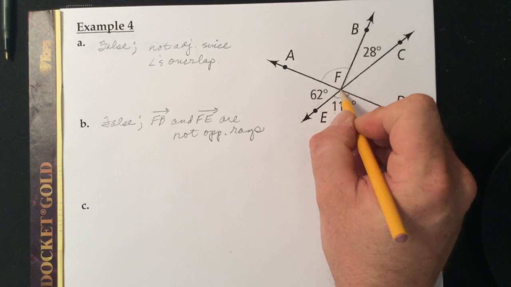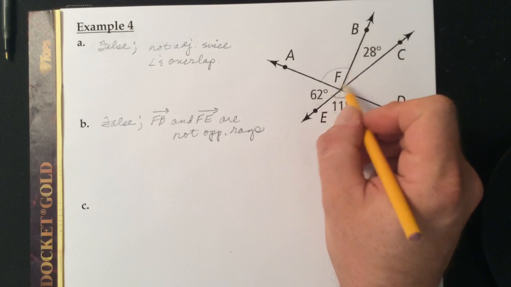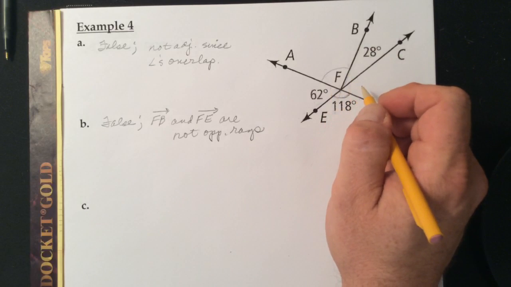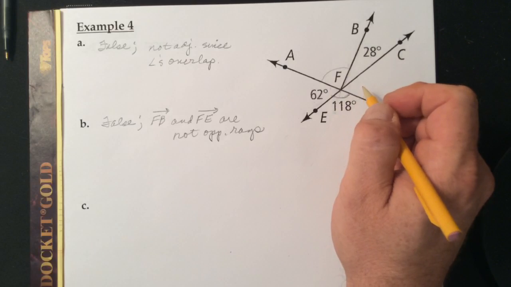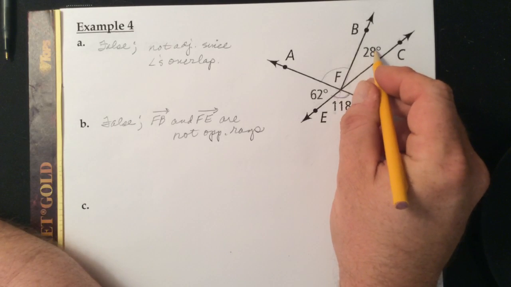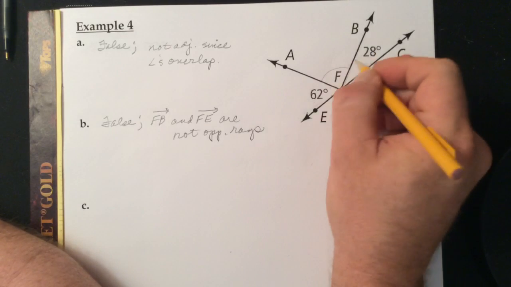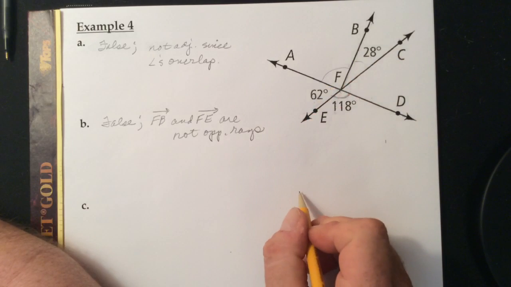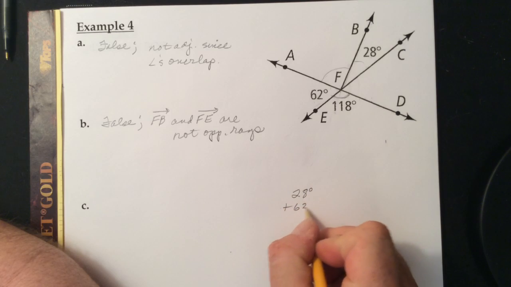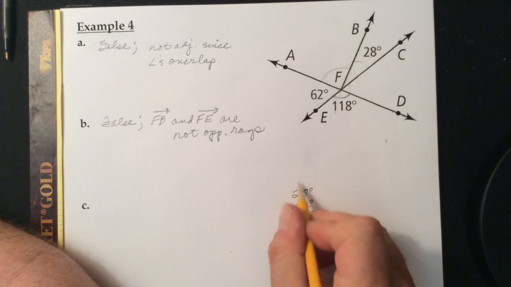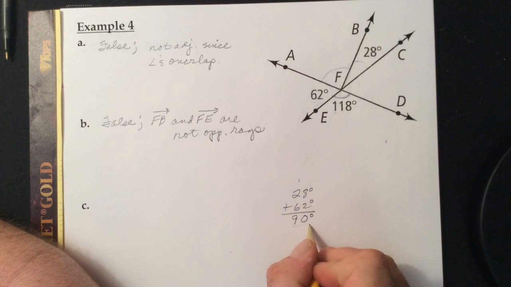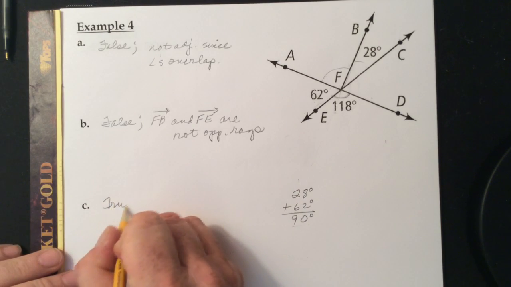Well, just by looking, you can't tell that they're complementary. Remember, complementary angles are angles that add together and give you a sum of 90 degrees. But if we test it by adding the measures of these 2 angles up, let's see if we happen to get 90 degrees. 28 degrees plus 62 degrees. When we add them together, we do get 90 degrees. So this is true.